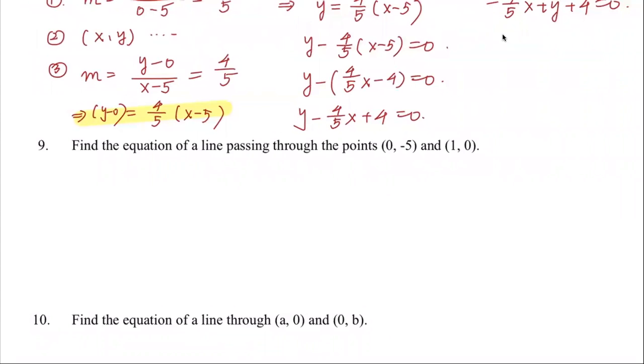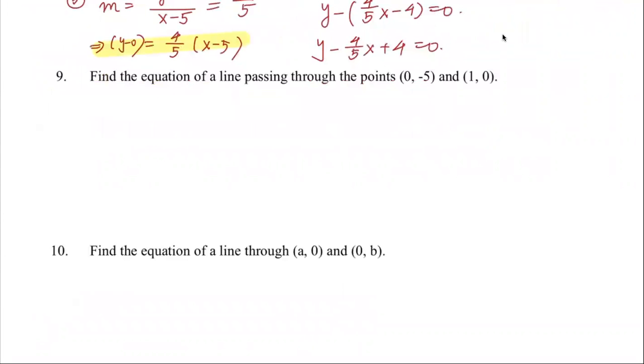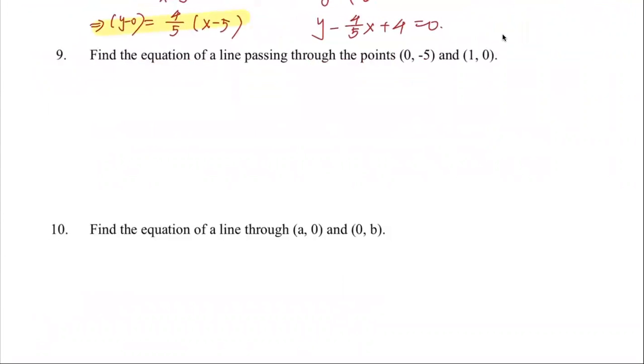Now question number 9. Find the equation of a line passing through points (0, -5) and (1, 0). Let me quickly do this. First step, find the slope, because we're given 2 points, we don't have the slope. So the slope is equal to 0 minus (-5) over 1 minus 0, right?